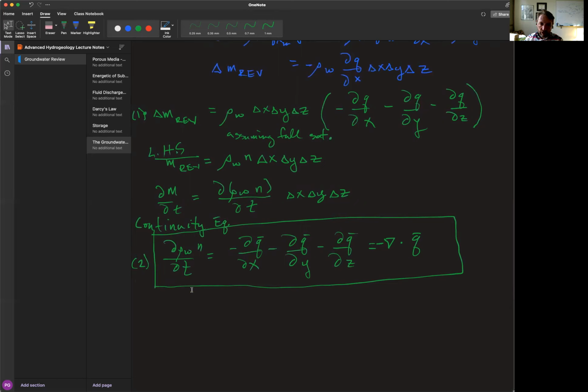It is very hard to measure the change in mass, d rho water n. It's virtually impossible to measure the groundwater flux. And so we would really like to get this equation in terms of something that we as groundwater hydrologists can easily measure.